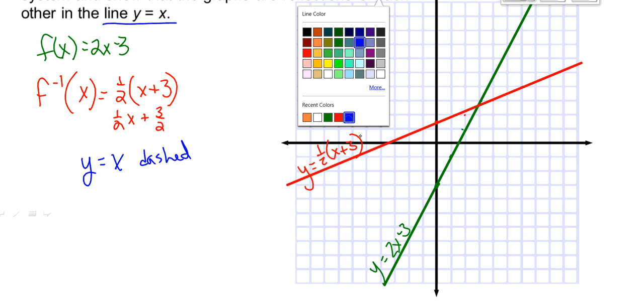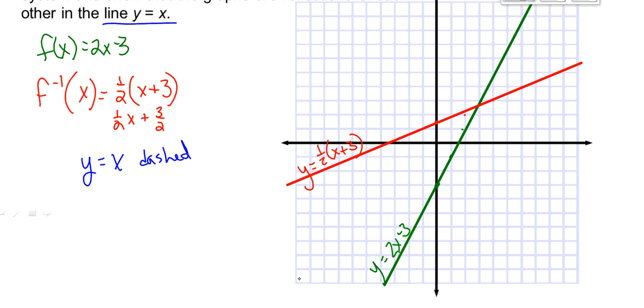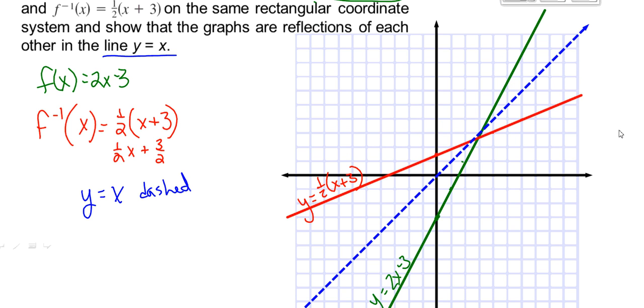And I want that to look like this, and I know it goes right through there. And if I did an awesome job, you would be able to see that this intersects all at the same spot.